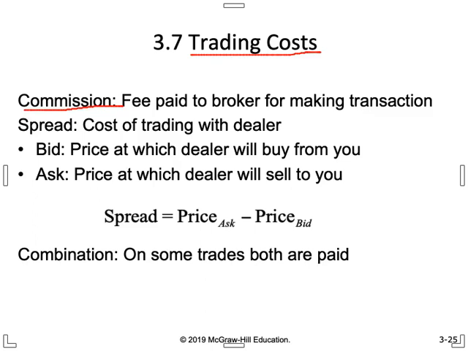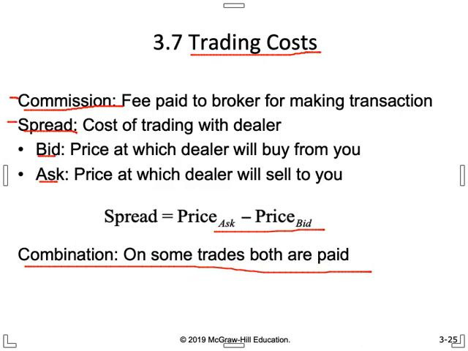For a full service broker, you may spend hundreds of dollars for a commission on a transaction. The other is the bid-ask spread I already talked about, which is the ask minus the bid, the spread or the dealer's profit. It mentions here that on some trades both a commission and a spread may be paid.